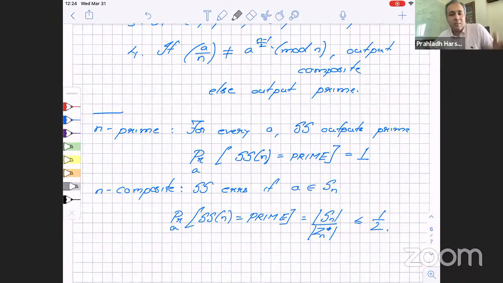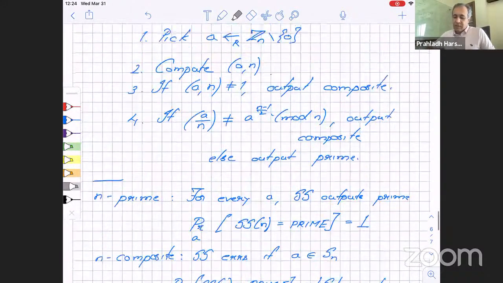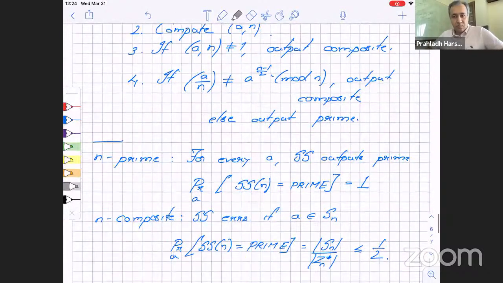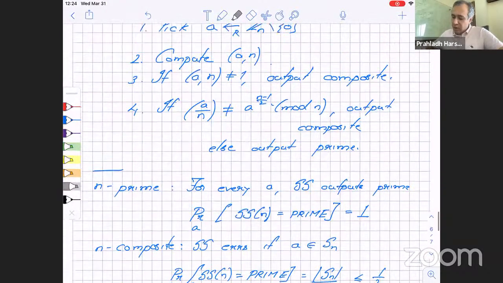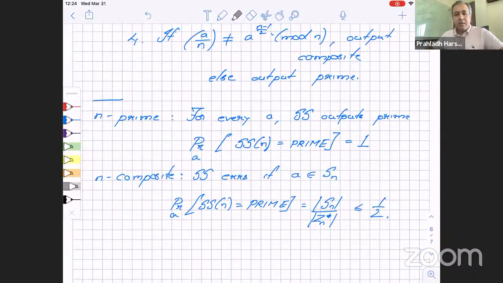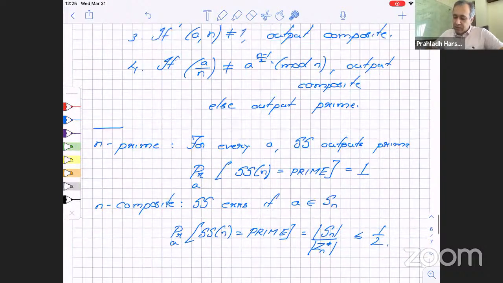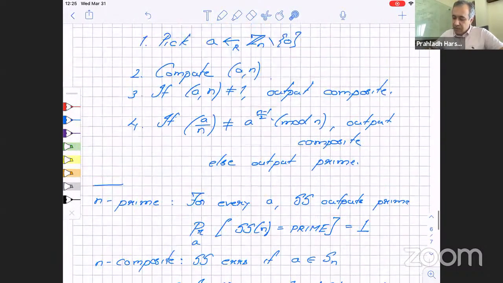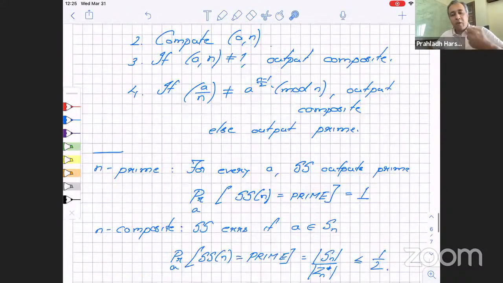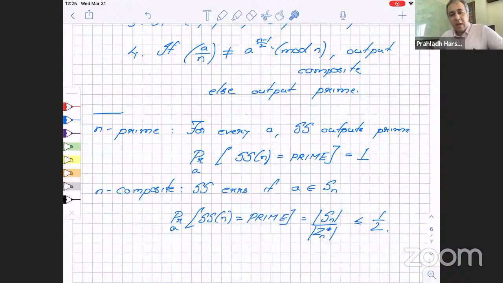So now you could just repeat this algorithm some 10 times and make the error like 1/2 to the 10. So it's an extremely efficient randomized algorithm that checks if a number is prime or not. And all of this just comes from this simple fact that the things that violate the condition being checked form a subgroup, and because it's a subgroup, it has to be smaller by at least a constant factor.